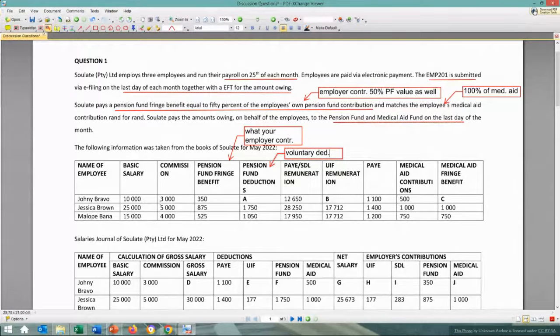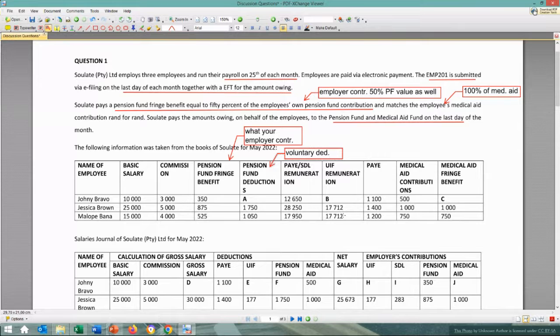So in this scenario, it's 10,000 plus the 3,000 gives us 13,000. You will note here that for Jessica and Malope it is 17,712. The reason for that is if you take their basic salary and their commission, it will exceed this amount. So it was capped at that value.